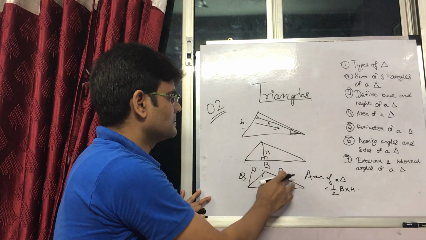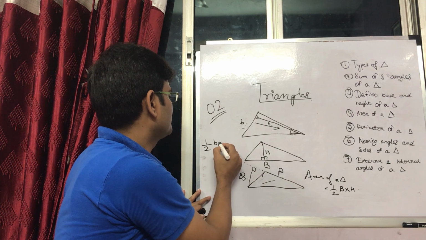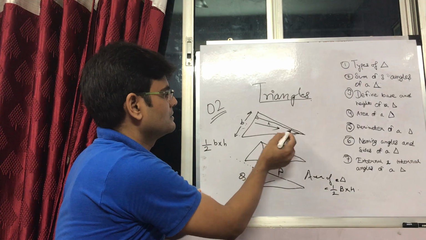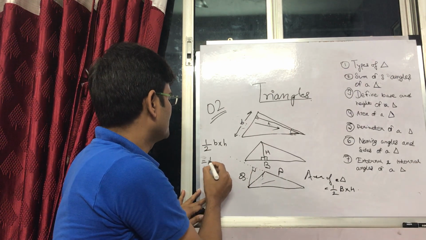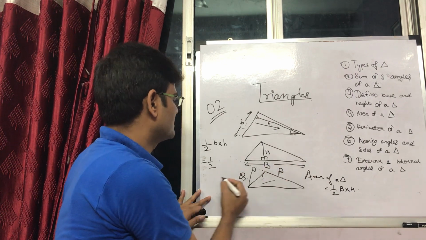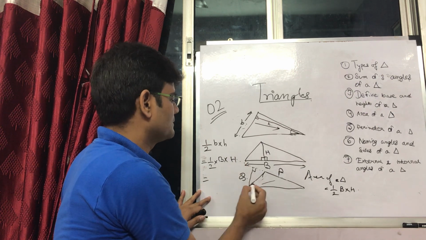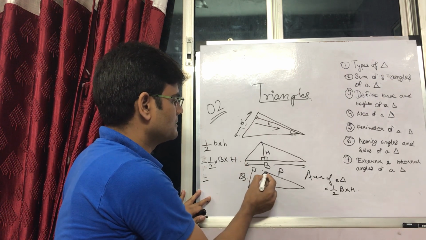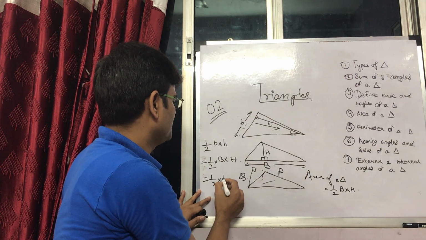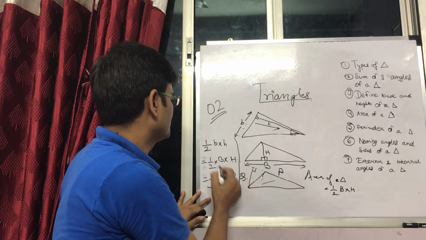If the triangle is same, half b into height, if you consider this one as b and this is height, is equal to half, if you consider this as the base, capital B into capital H, and here we took P as the base, so half P into Q. These all values will become equal.